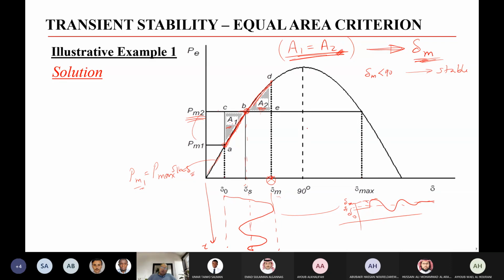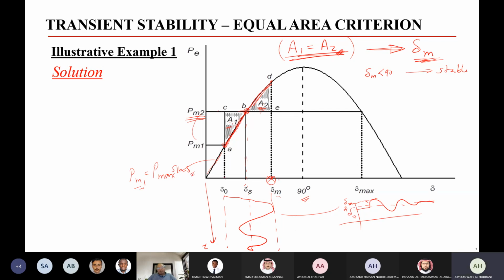So it has nothing to do with 90? You want to say that? Yes, because in all cases, even if it exceeds 90, it will decelerate back. But if it exceeds delta max, it will accelerate.